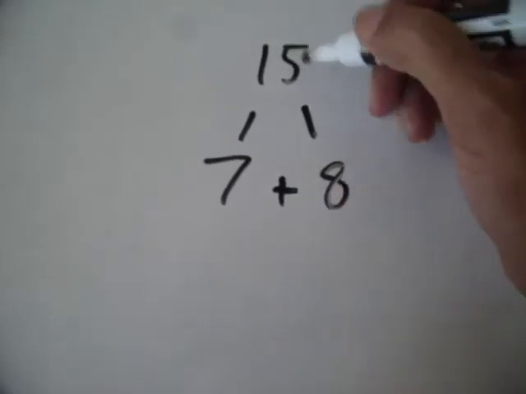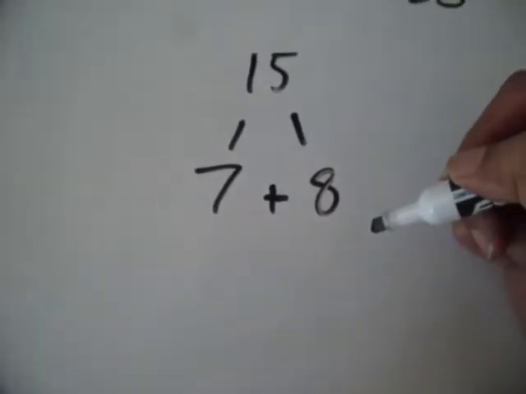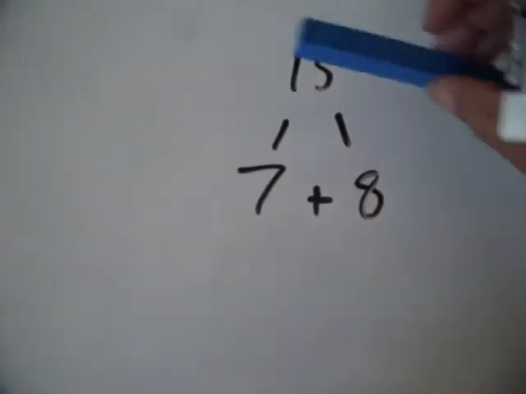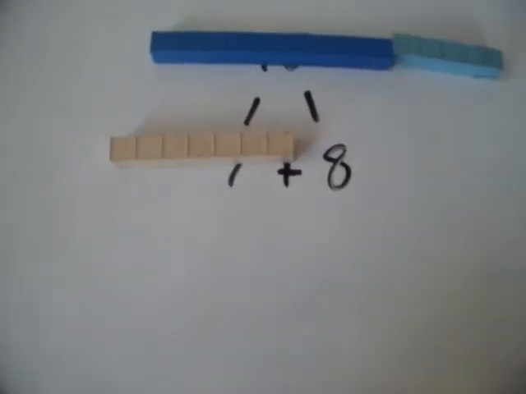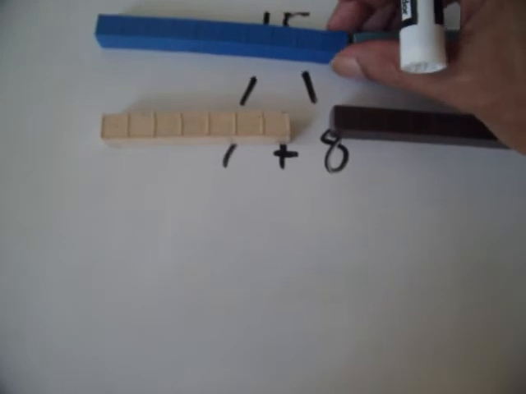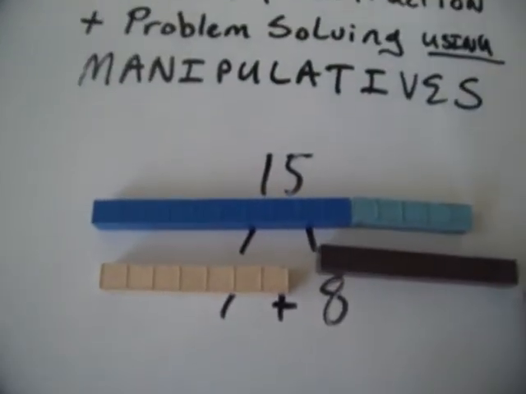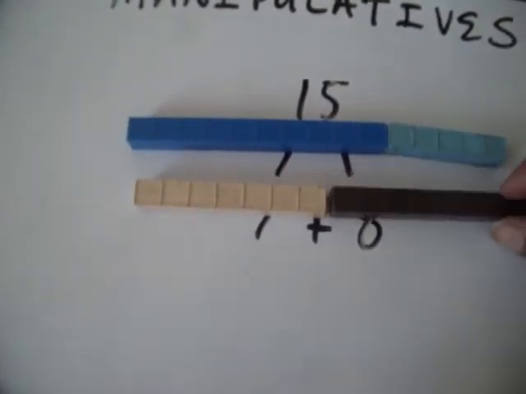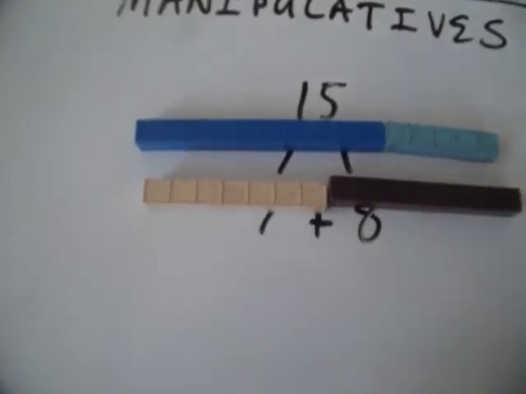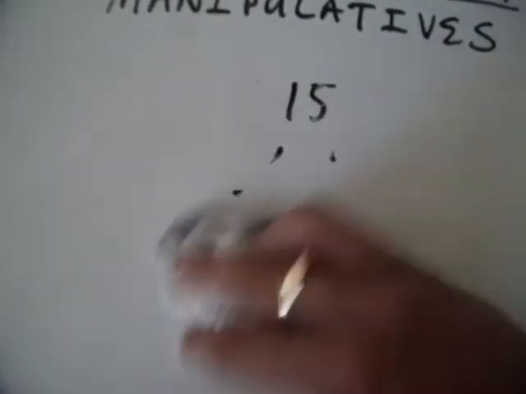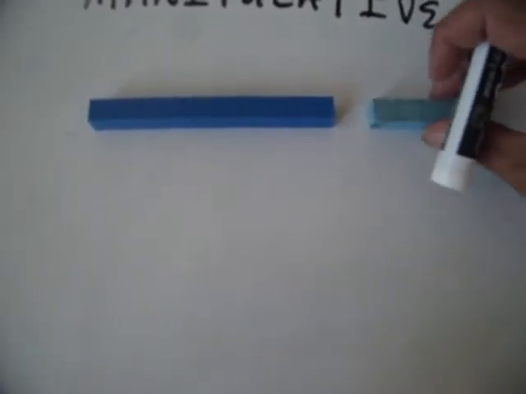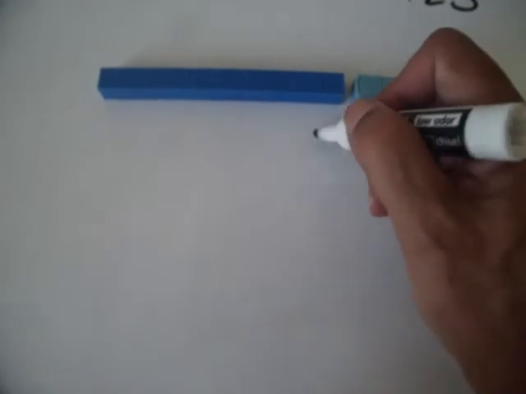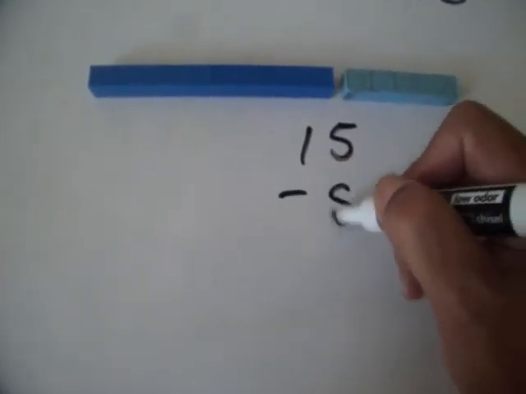And if I take 7 plus 8, I'm going to get 15. All we're looking at is this. Simple and easy. No magic to it. Visually obvious. Now, if I have 15 again, and I want to subtract 8, 15 take away 8.